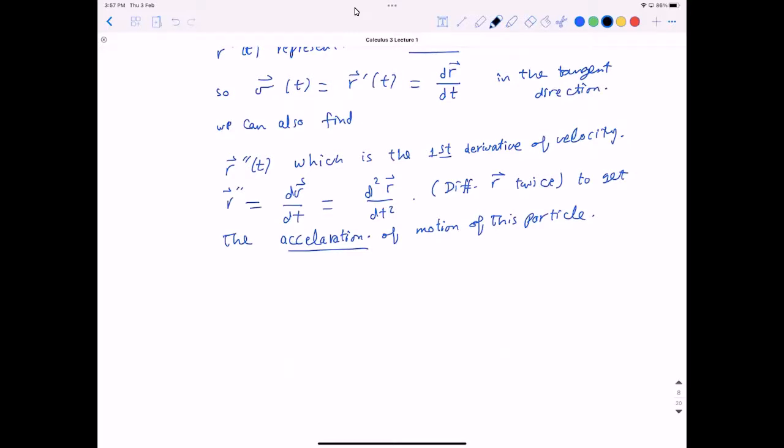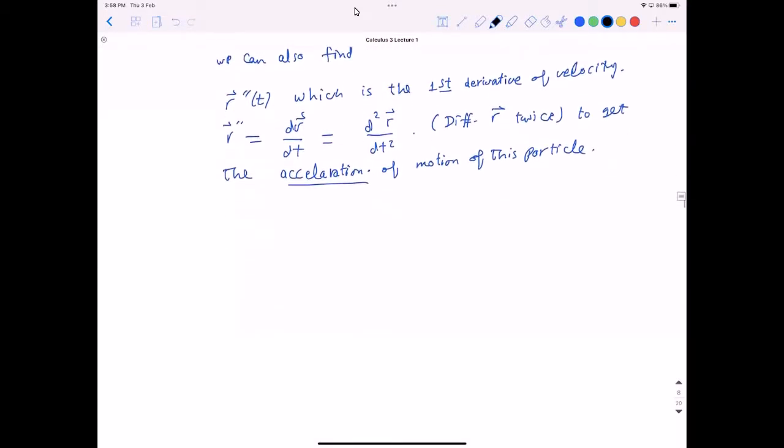If we are given the acceleration, or r double prime, we do the opposite operation, integration.